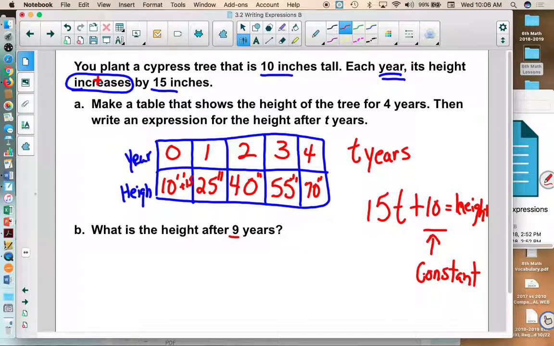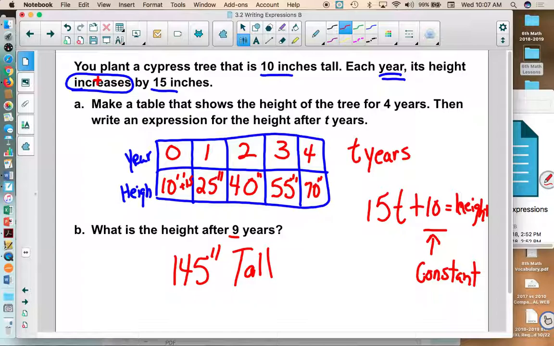At 9 years old, Emmy, how tall is this tree? How tall is it? 145 inches tall.